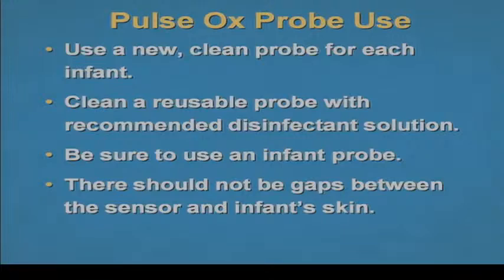There are adult probes and infant probes, so you want to make sure that an infant probe is used when screening the newborn. And in addition, there shouldn't be any gaps between the sensor and the infant's skin. So again, just make sure it's secured with the adhesive properly on the hand and the foot.